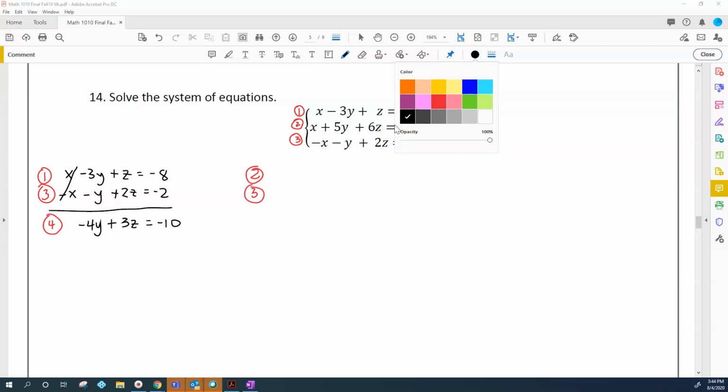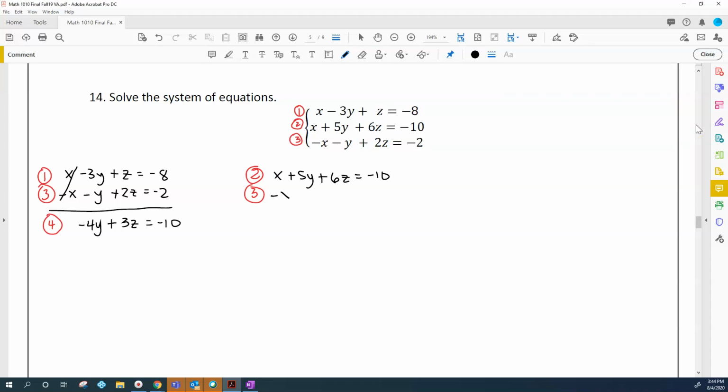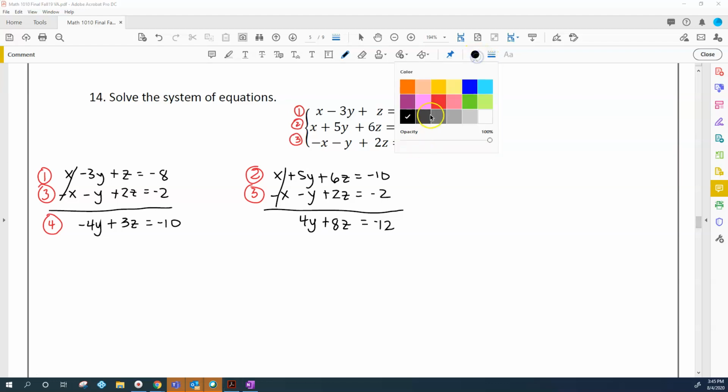So x plus 5y plus 6z equals negative 10, and negative x minus y plus 2z equals negative 2. When I add these together, the x's are eliminated again, which is what I wanted, and I'm left with 4y plus 8z equals negative 12. I'm going to call this equation 5.